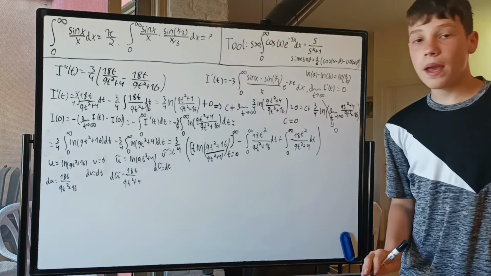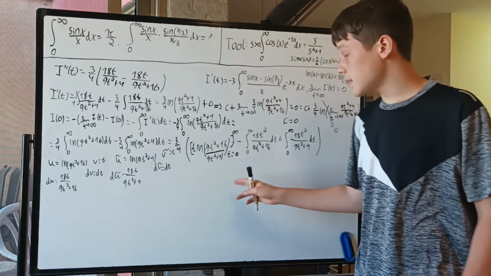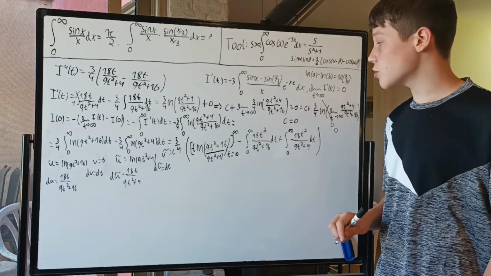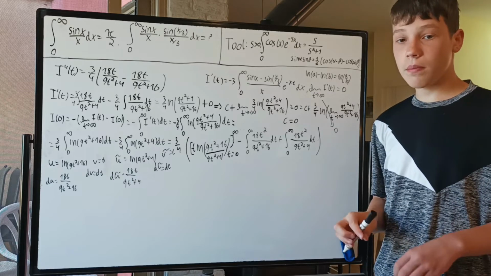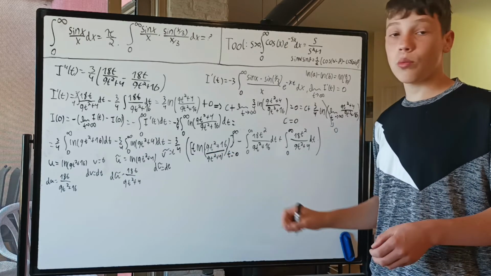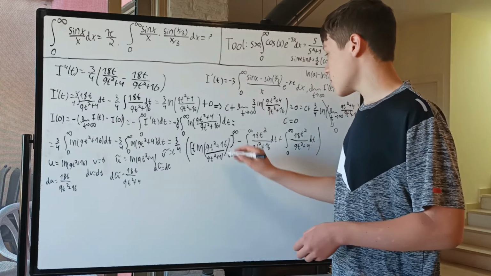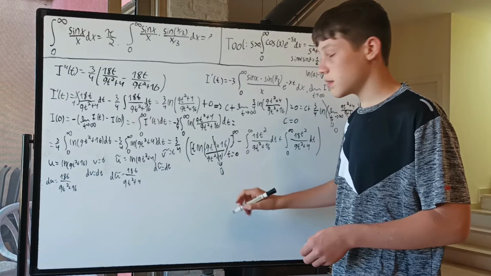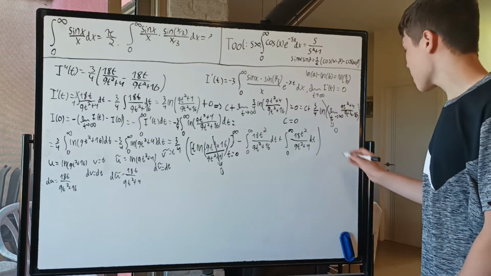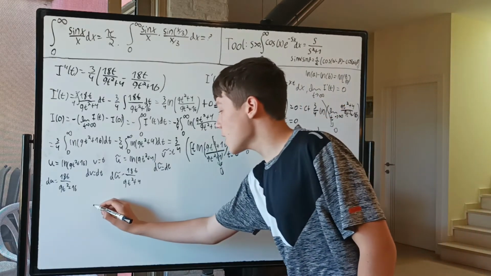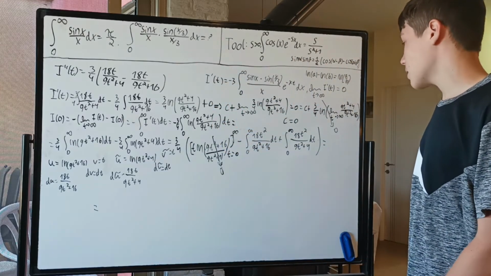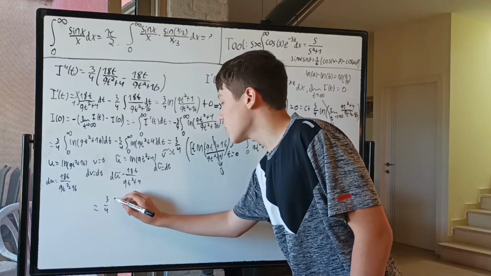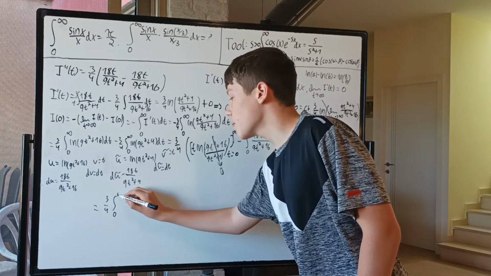Now, I won't show what this is. At t equals 0, this is obviously 0. As t goes to infinity, I'll let you check by using L'Hopital's rule that this thing also tends to 0. So this entire thing is 0. That's maybe homework. And the rest will be like so. We have 3 over 4. Now we'll combine those into one integral.